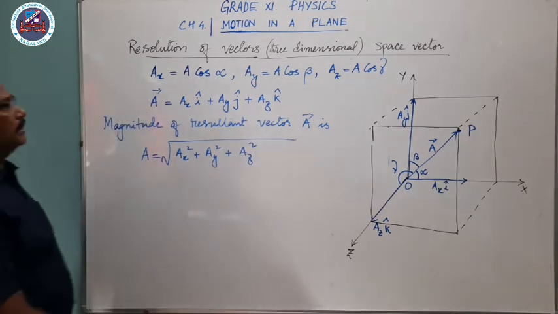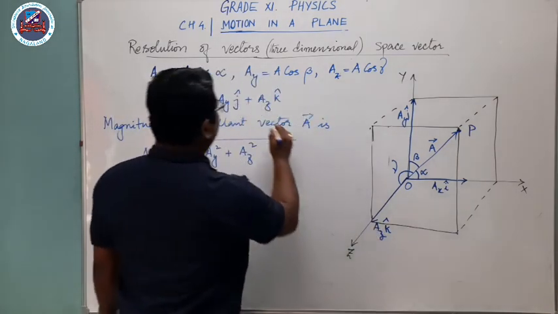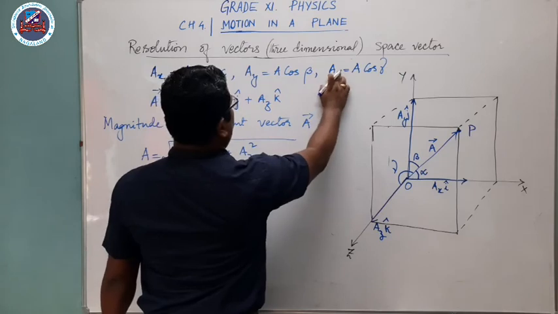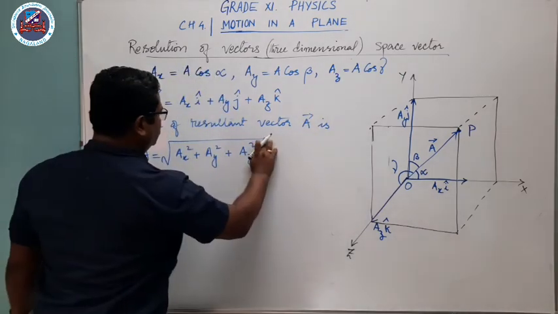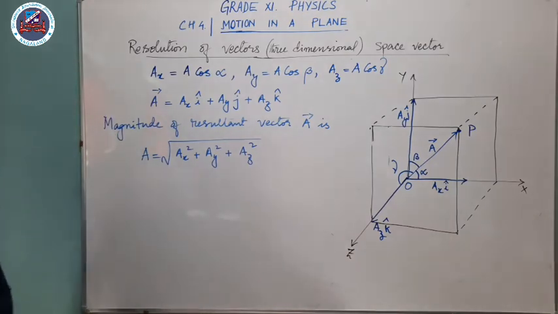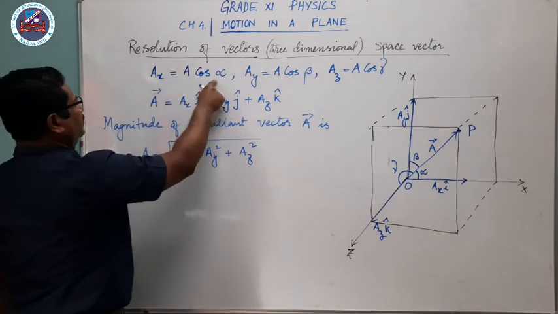It will look like this. If you want to write z as a small letter, it's up to you. Here also write the small letter. This will give you the magnitude and direction of the vector along the x-axis, if you want to find it, then you have to take this one.